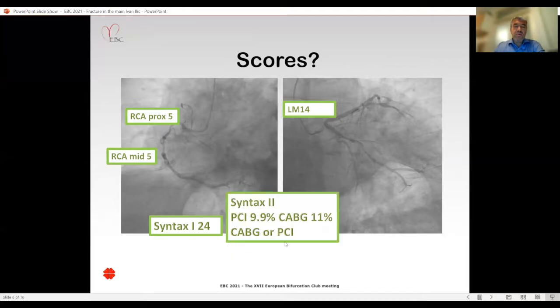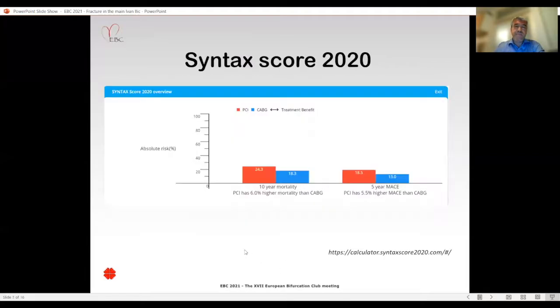SYNTAX 2 stated that there's an equipoise between suggested treatment of PCI and CABG, and the surgical EuroSCORE 2 yielded relatively high mortality due to urgency of the procedure and an ongoing ischemia.